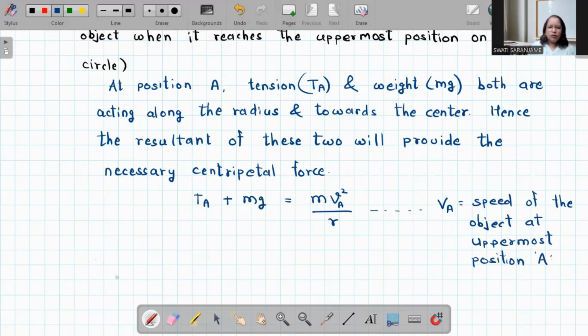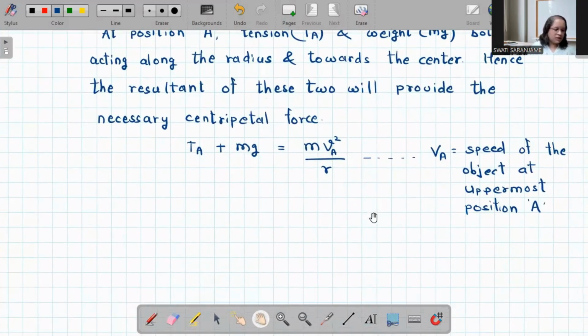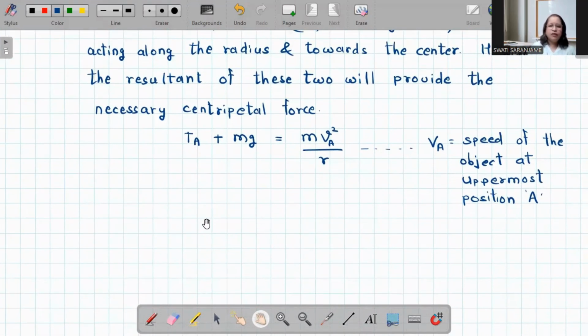Now, the criteria is the minimum possible speed. Instead of scrolling, I am drawing that circle over here again, just representing the circle. So this is what we have shown. This is the position A.